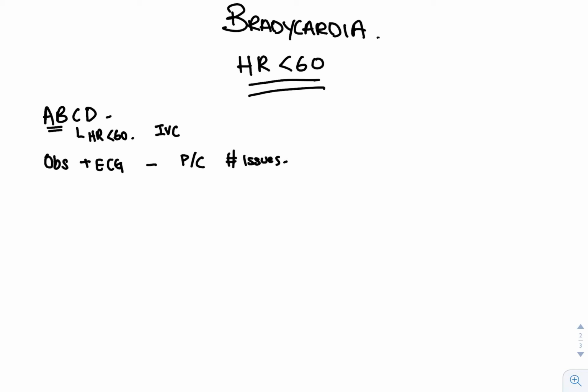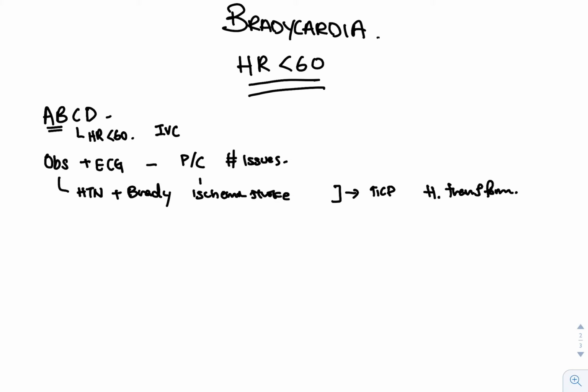Just an example, if a patient has got hypertension on top of the bradycardia, and should their presenting complaint be an ischemic stroke, you might be thinking now, but don't worry if you're not. It takes time that potentially the patient has got raised ICP from a hemorrhagic transformation of the ischemic stroke.